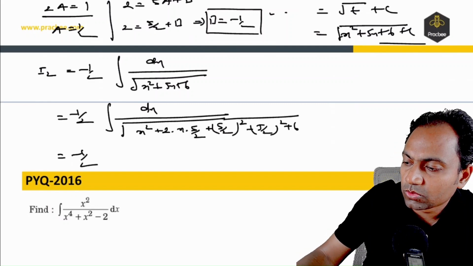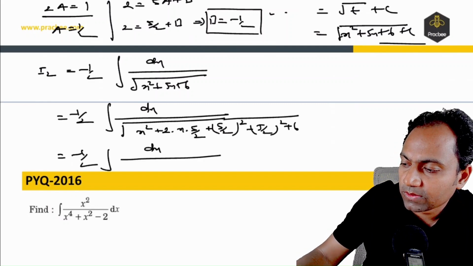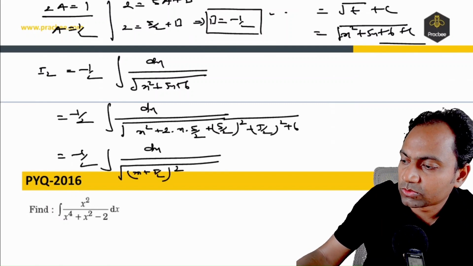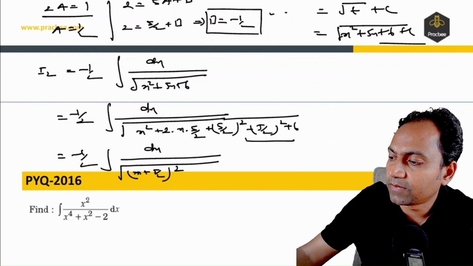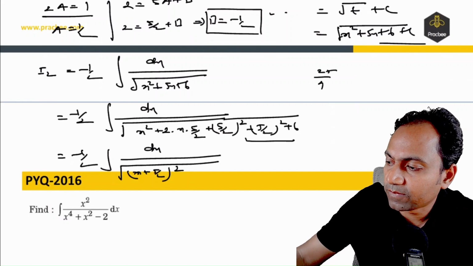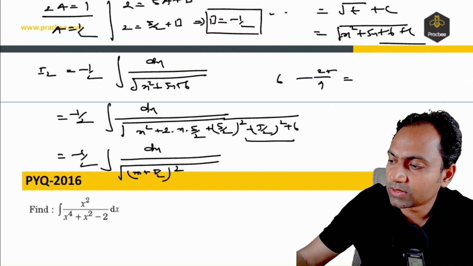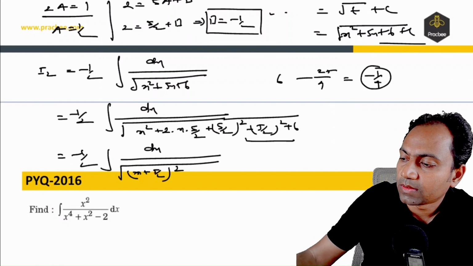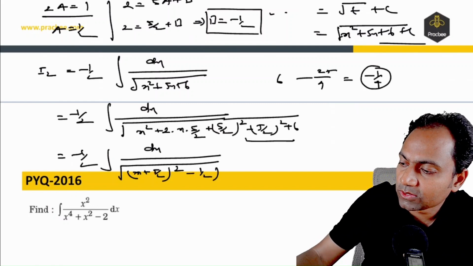And if I do so, this becomes dx by root of (x plus 5 by 2) whole square. And this part, if I simplify, it is nothing but 25 by 4. And if I simplify this, this comes out to be nothing but minus 1 by 4. And if I do so, this is minus (1 by 2) square.